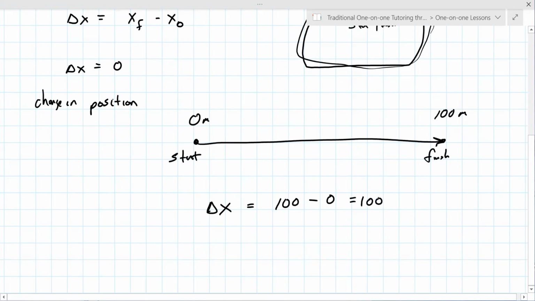Now your displacement is different than your position. Displacement and position and distance are different things, and I don't think we want to get into that right now, but that's an important thing to think about.